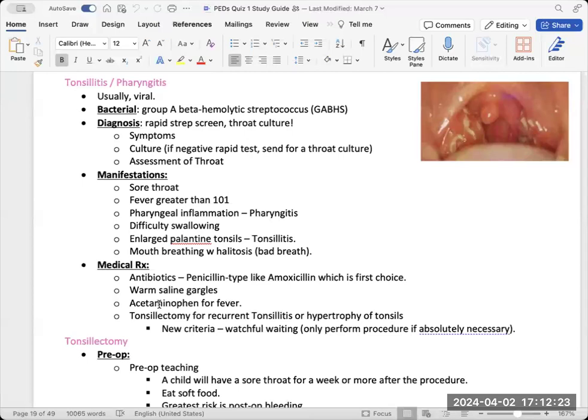I also wanted to point out, if I'm saying we don't really want to do invasive procedures, why would we be worried about that? If it's just strep throat, you could treat it, right? Yeah, you could treat it.